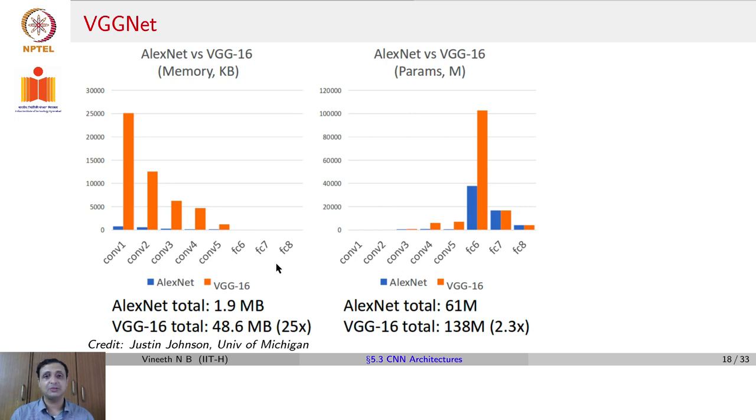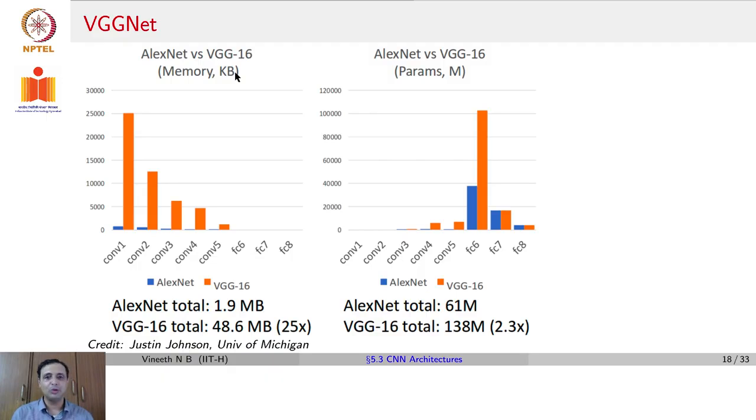In terms of parameters, VGG, however, had a significant memory overhead and a parameter overhead. So you can see here a comparison of AlexNet versus VGG16 in terms of memory. Memory would simply be the number of neurons across all of your layers in the VGG versus the number of neurons across all of the layers in your AlexNet.